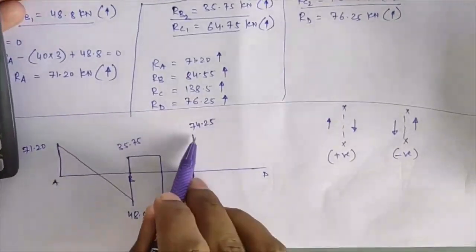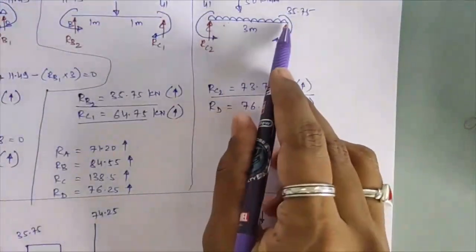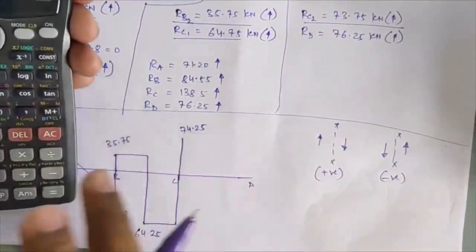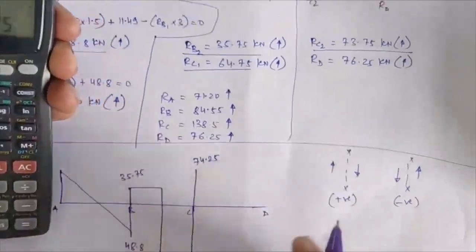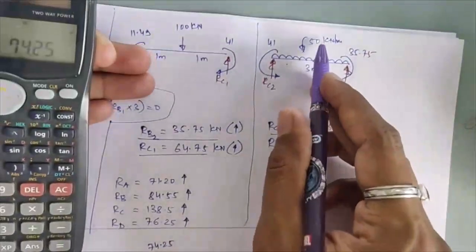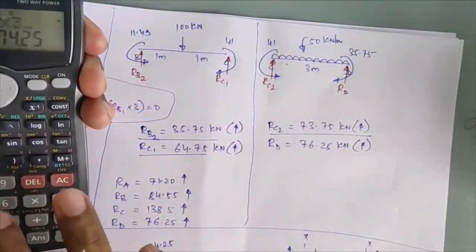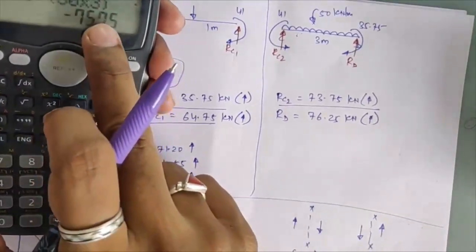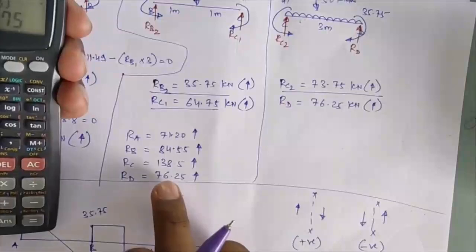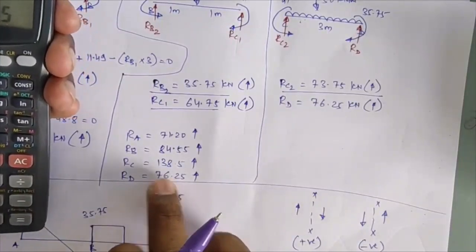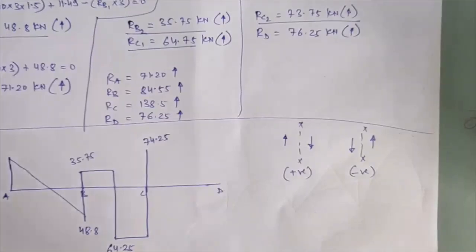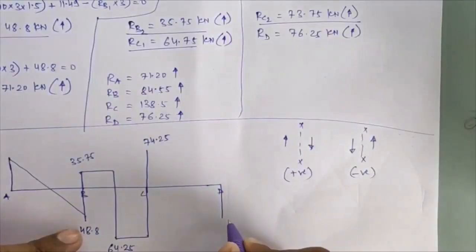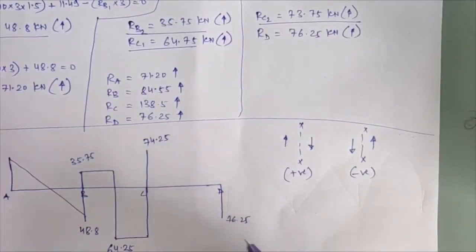Now again in portion CD you are having a UDL, so we will calculate the shear force at point D. Whatever this 74.25 positive I've got, minus your UDL intensity, that will be 50 into 3. You should get this value equal to your RD reaction value. I am getting 75.75 and your RD is almost the same. So I'll write directly the RD value, that is 76.25.